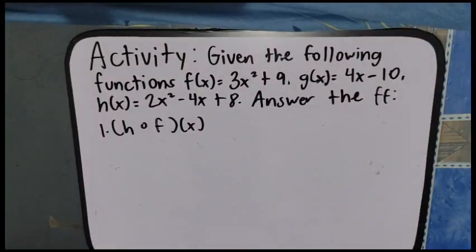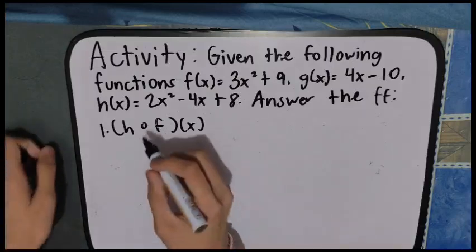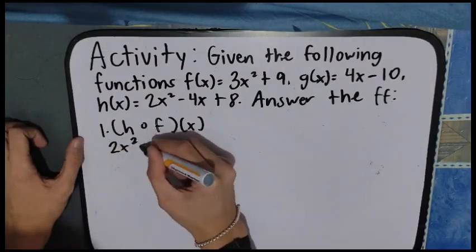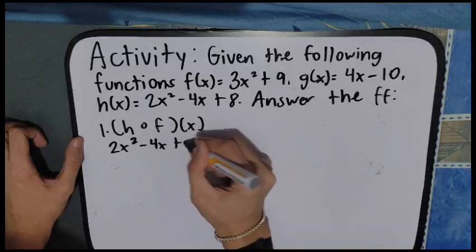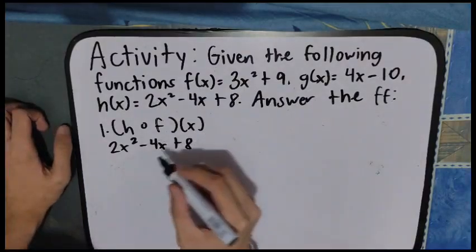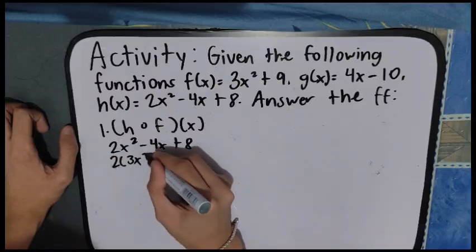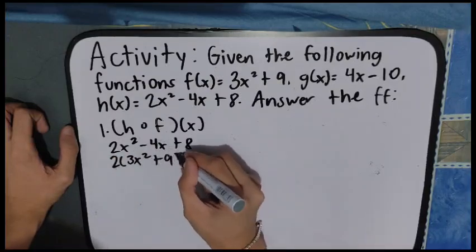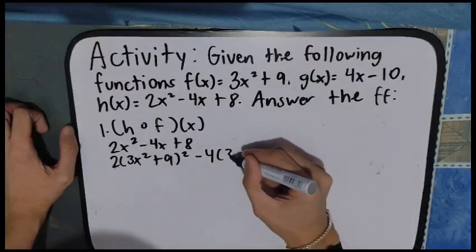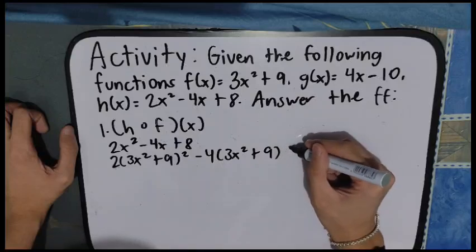So, the first item for the activity is h of f of x. First, copy h of x. 2x squared minus 4x plus 8. Then, substitute f of x here. 2 times 3x squared plus 9 squared minus 4 times 3x squared plus 9 plus 8.